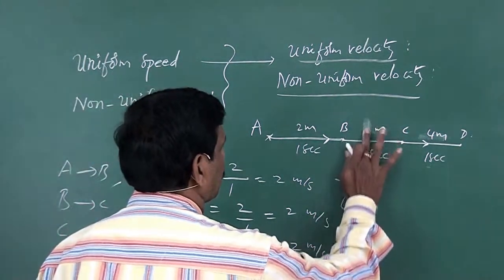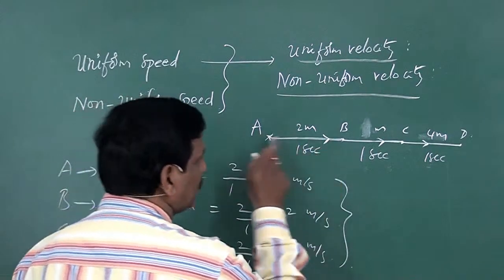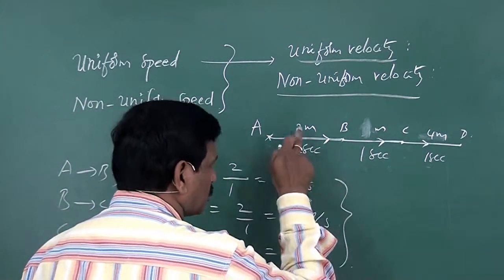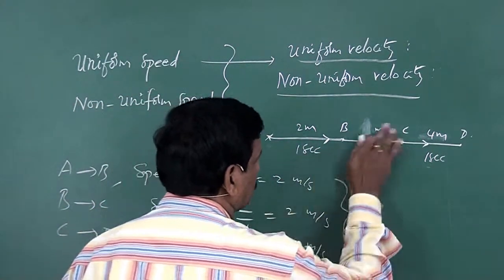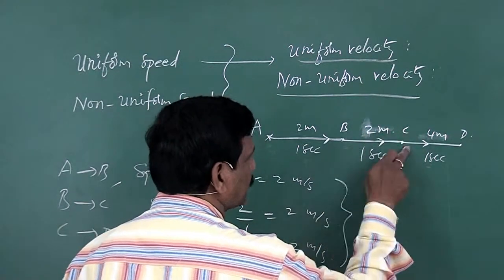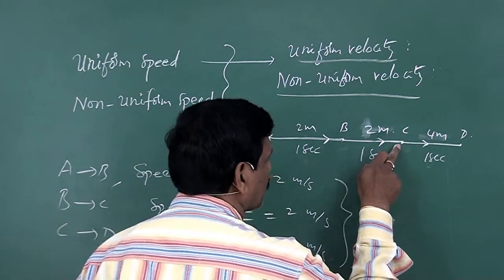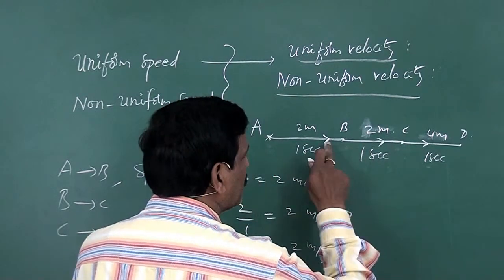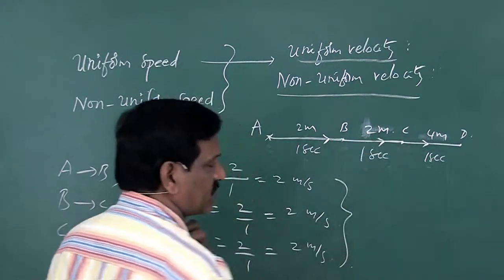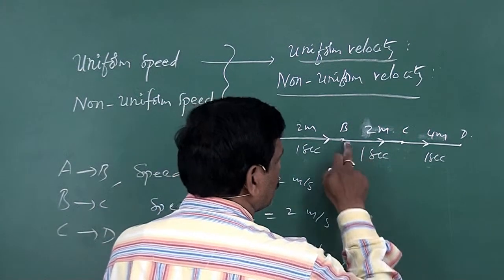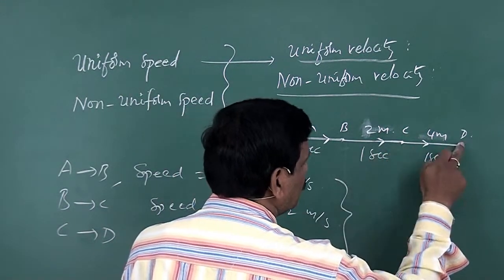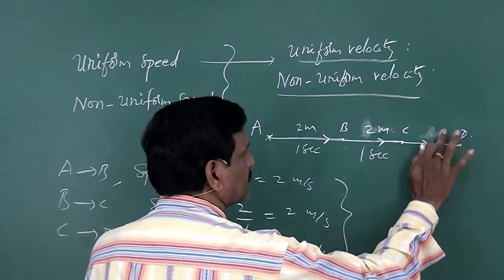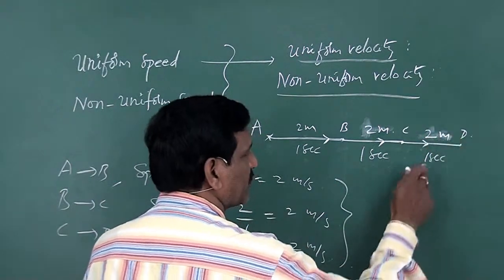Just like here, if the body moves from A to B in this direction through 2 meter in 1 second, and from B to C in this direction, because we are specifying displacements, hence we generally say the direction. So 2 meter 1 second along this direction, then from C to D it covers the same displacement 2 meter in 1 second.